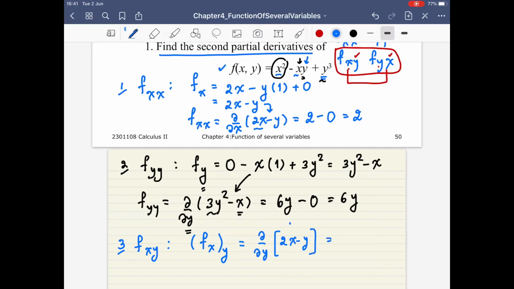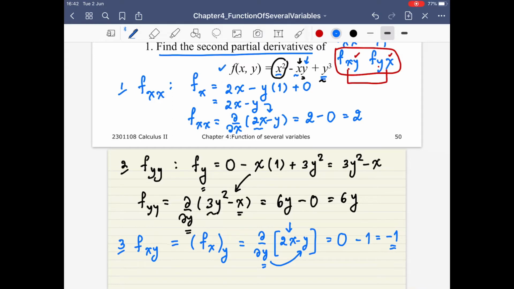But now, because your y is a variable, the first one is a constant because it contains only x, so you have 0. And the derivative goes directly to your y, so you have minus 1. So now we got f sub xy becomes -1 at the end.